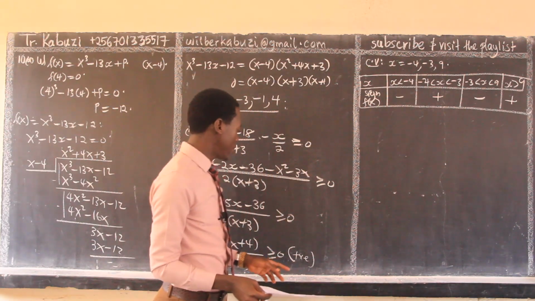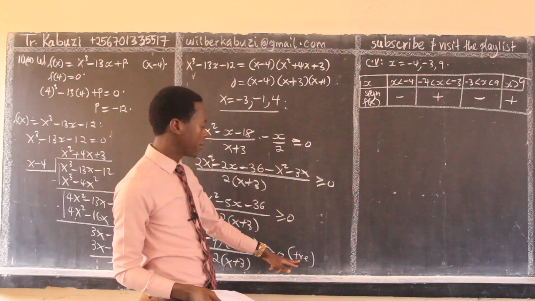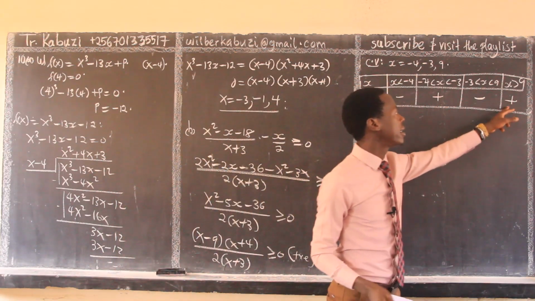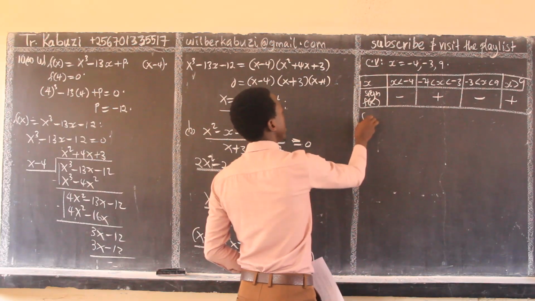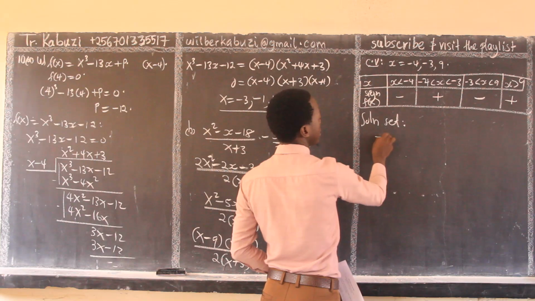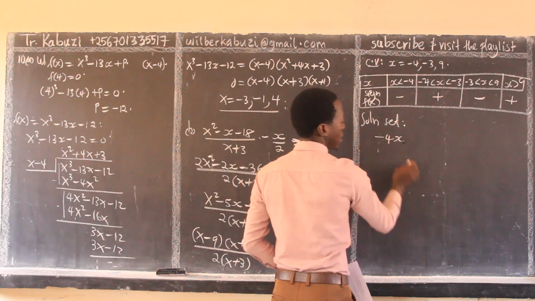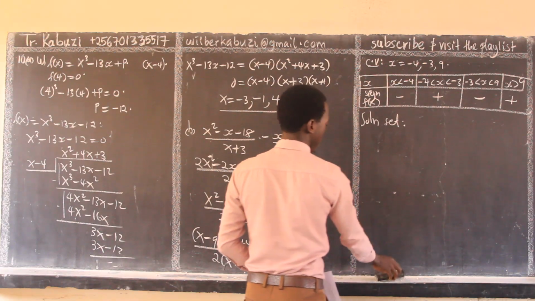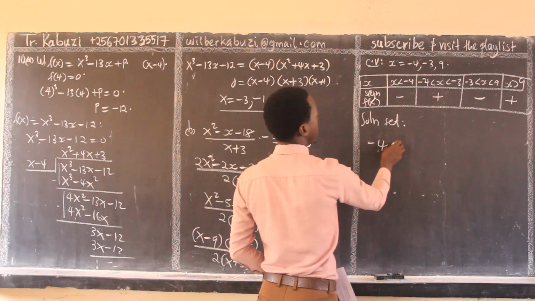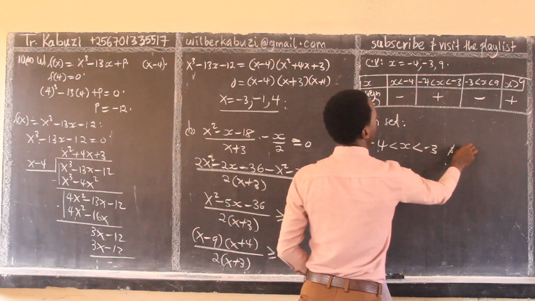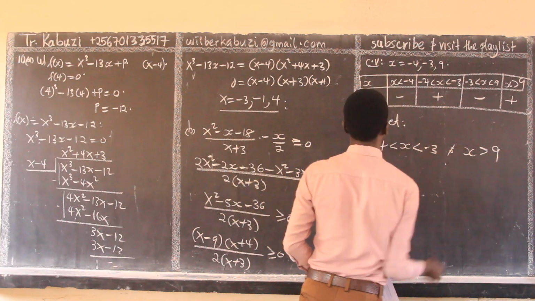So now for our solution, remember, we are looking for the positives. We have two positives, this and this. So our solution set is -4 less than or equal to x less than -3, and x above or equal to 9.